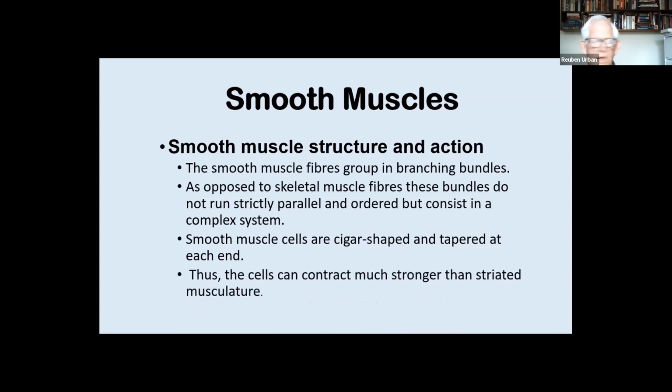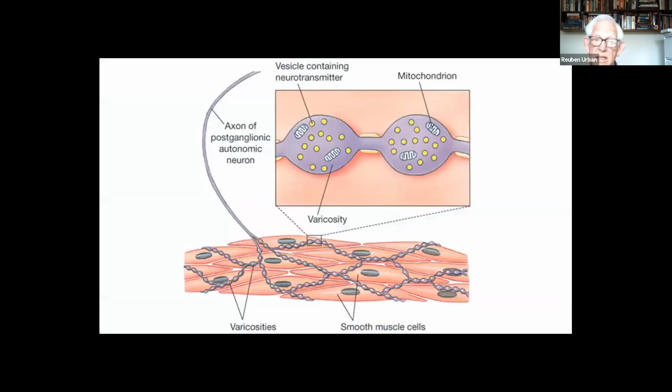I'll show you a photo, a diagram, and these cells contract much more strongly than striated ones because they work together. It's totally different. So here, for example, is one of these fibers, a smooth muscle cell, and these things are rounded, look like beads, and are called varicosities. Within the varicosity you have what are called neurotransmitters.